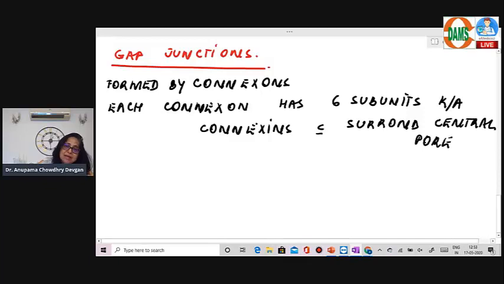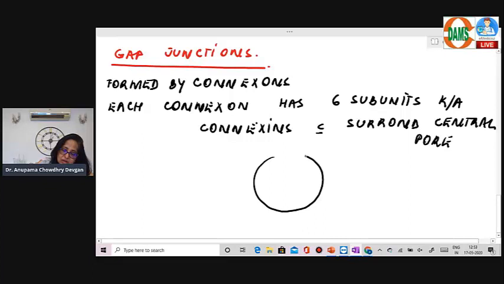Gap junctions are made of proteins called connexins, and these are the connexins here, surrounding a central pore.